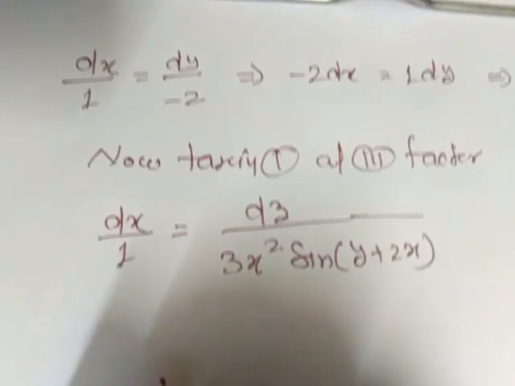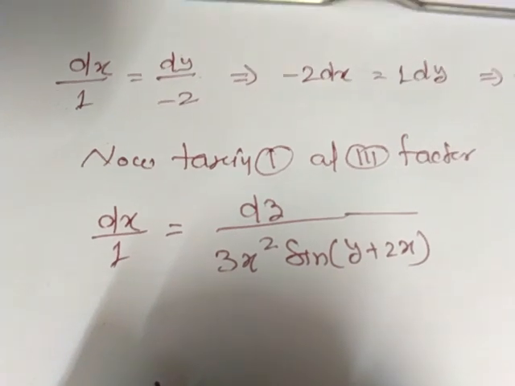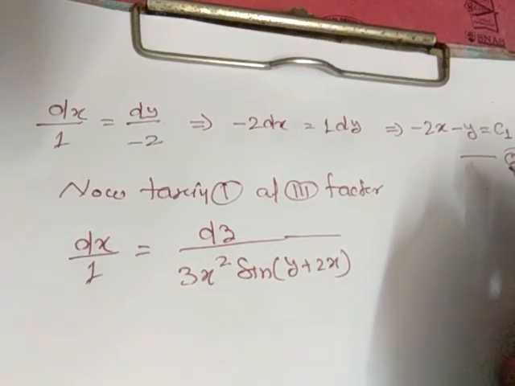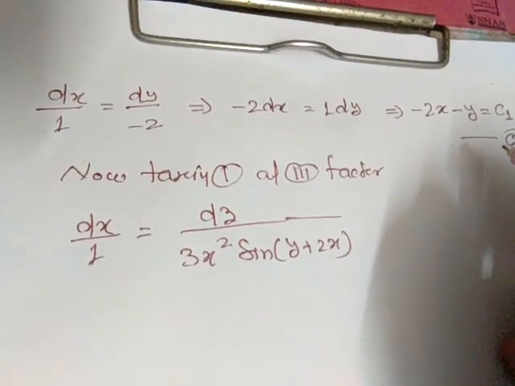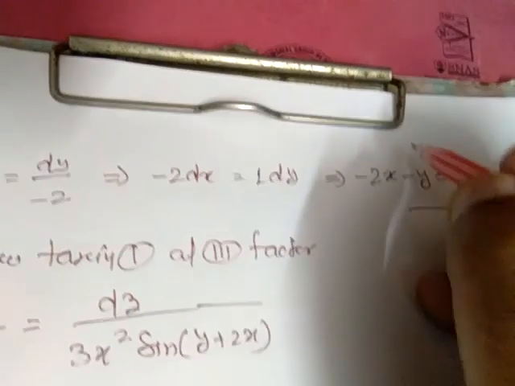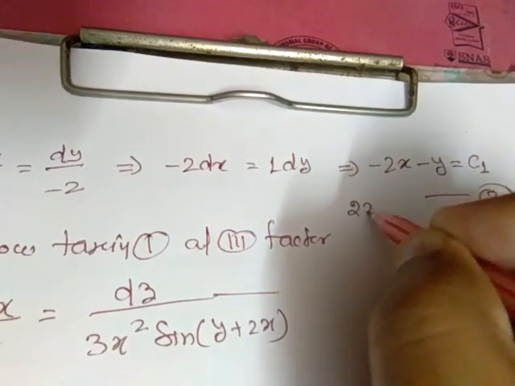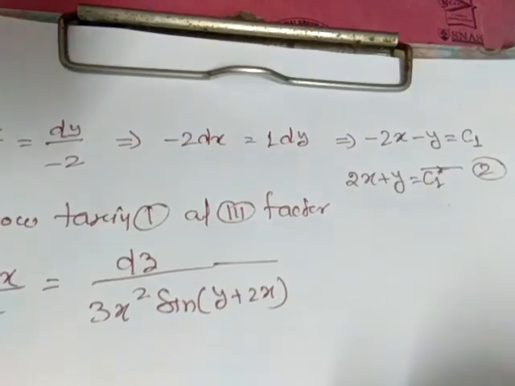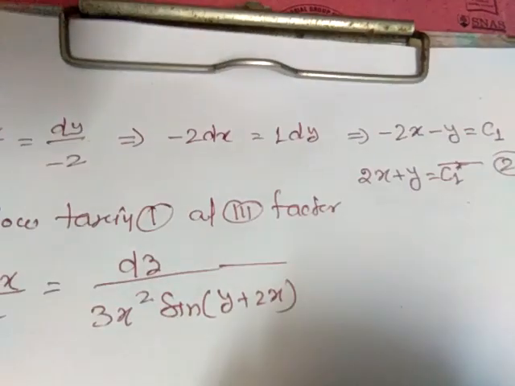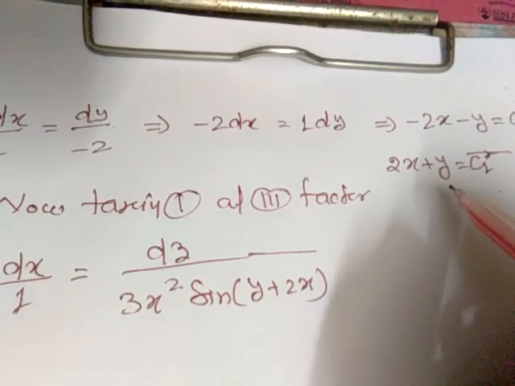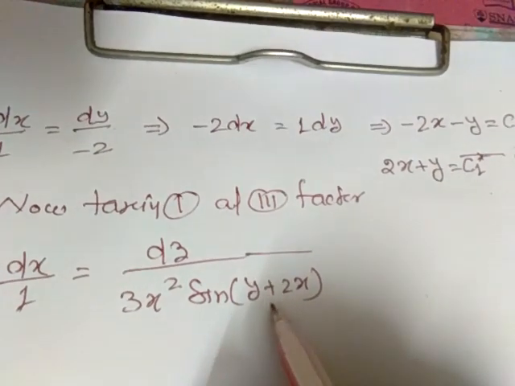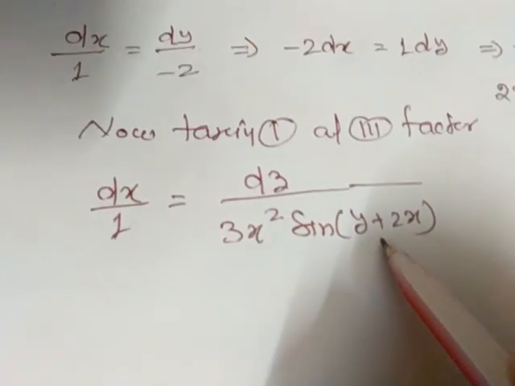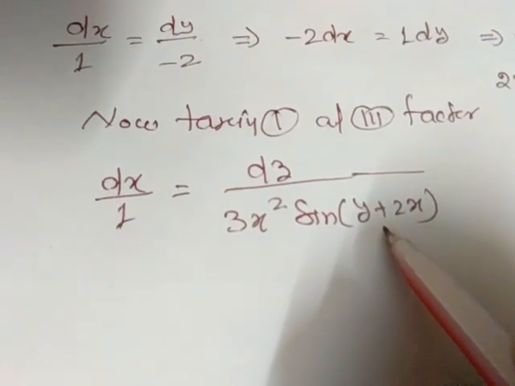Now on simplifying, we can see that the solution of the first two factors is minus 2x minus y is equal to c1. It can also be written as 2x plus y is equal to c1 star, which is also a constant. This y plus 2x can be substituted in this equation to find the solution of the given differential equation.